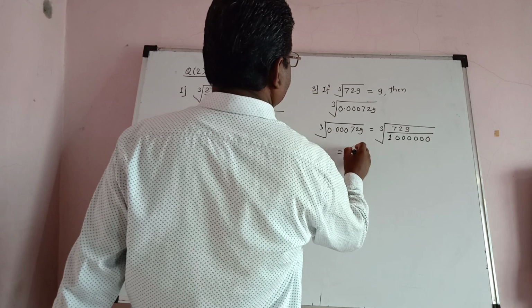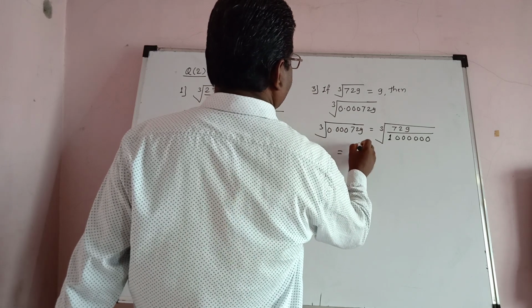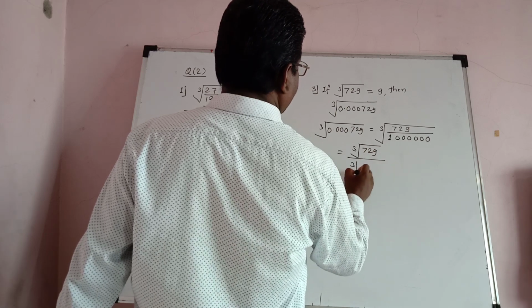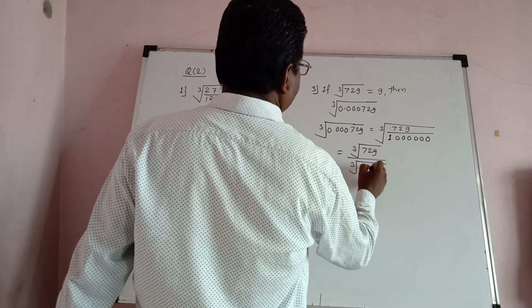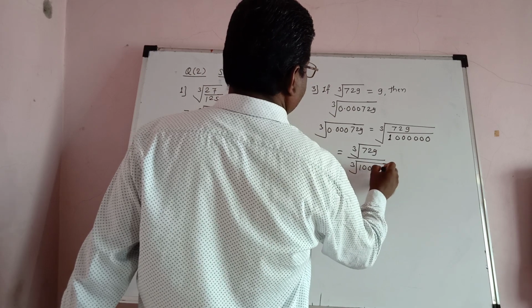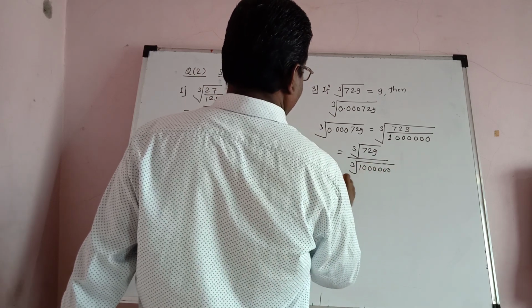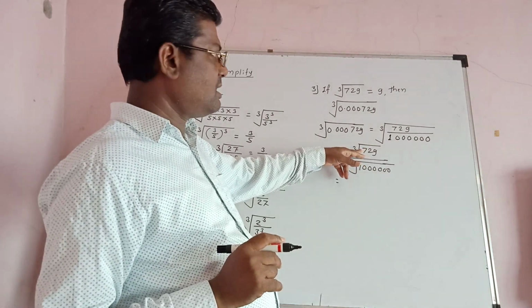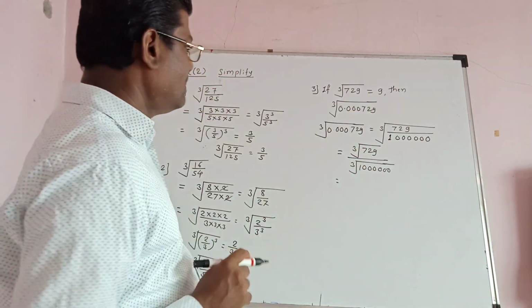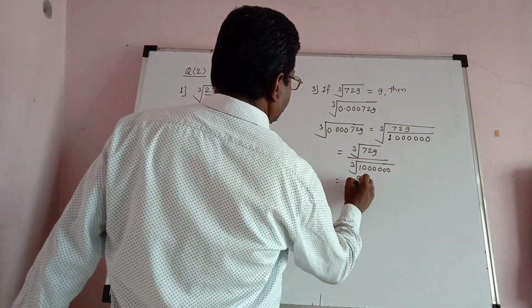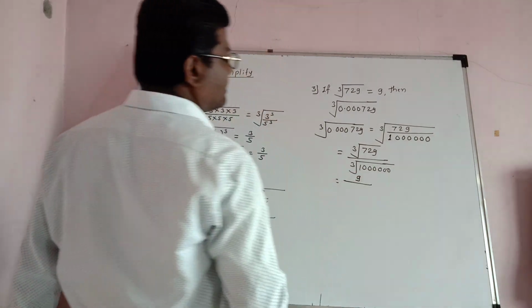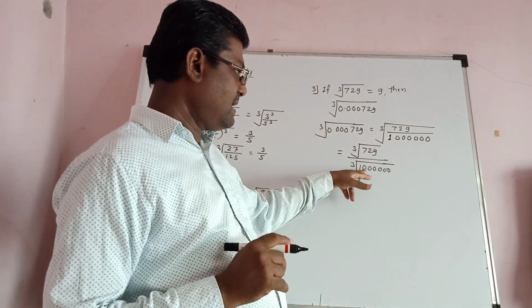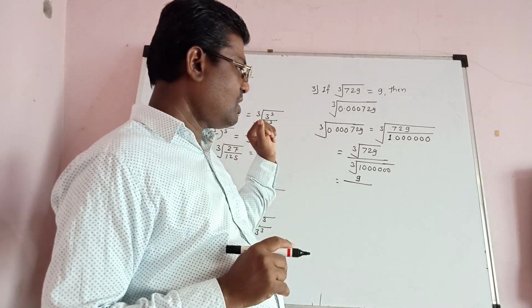Now this is equal to cube root of 729 upon cube root of 10 lakh. Now we have cube root of 729 given as 9, and in the number 10 lakh there are 6 zeros on 1.